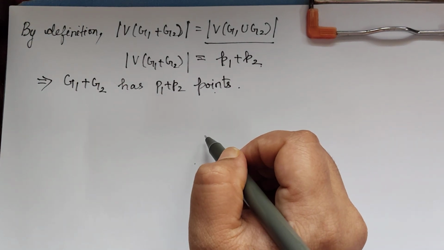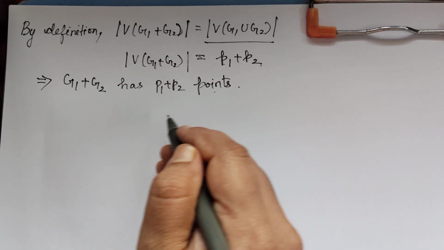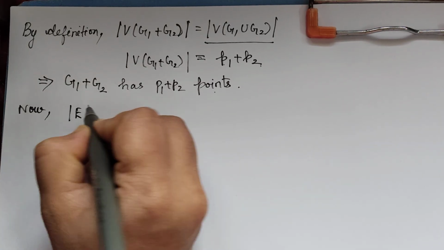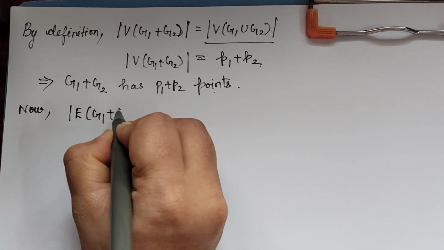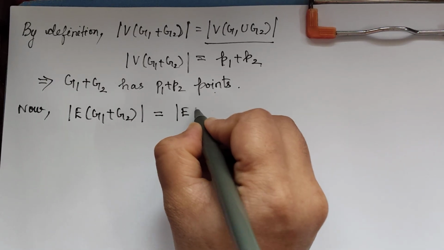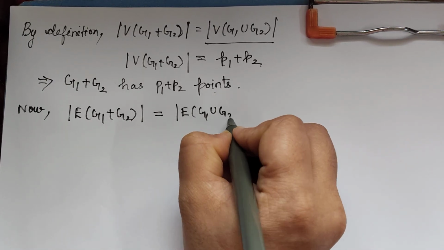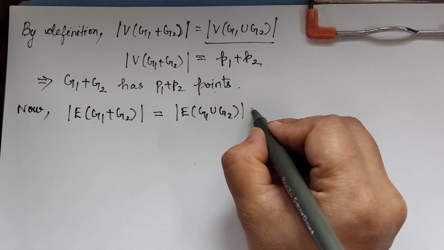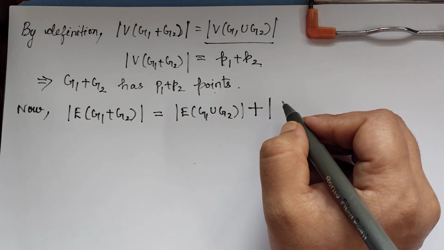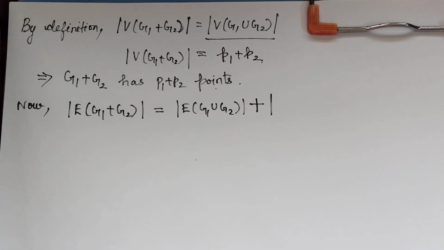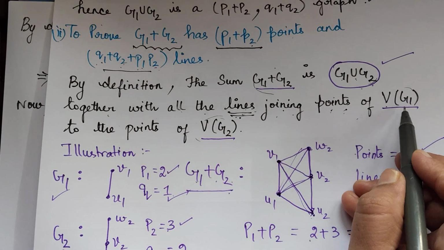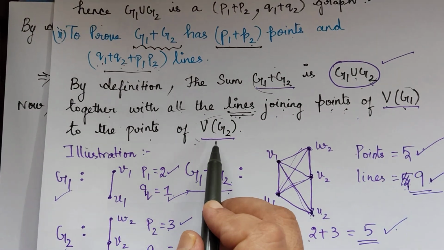Now next we have to prove about the edges. So what about the edges? The modulus of the edge set of G1 plus G2 will be equal to the edge set of G1 union G2. So this is one thing. Together with, so plus the edge set of, actually what is that? It is all the lines joining points of V of G1 to the points of V of G2.